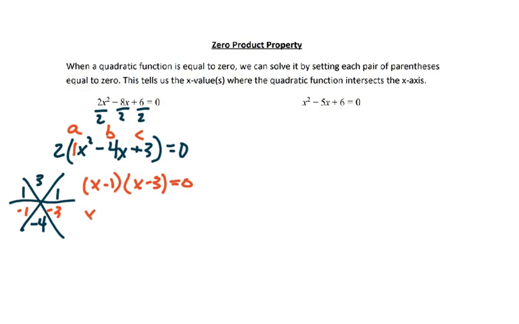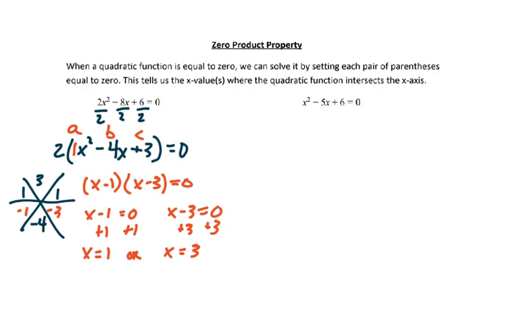Because the last step is to set them both equal to 0 and solve. X minus 1 equals 0, x minus 3 equals 0. That's what this extra part is. To solve, x equals 1 and x equals 3.